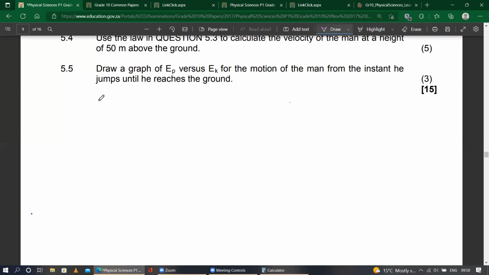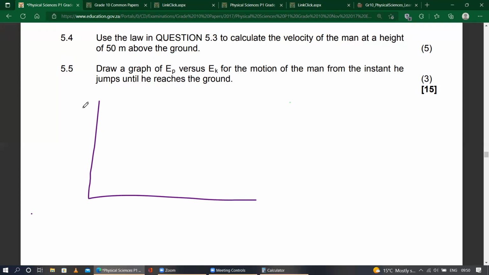So let me just write this here. They say potential energy versus kinetic energy. Let's just put potential energy here.